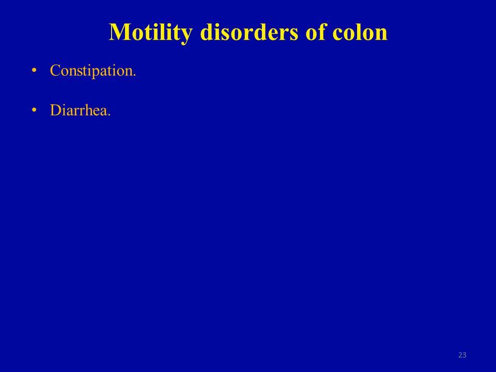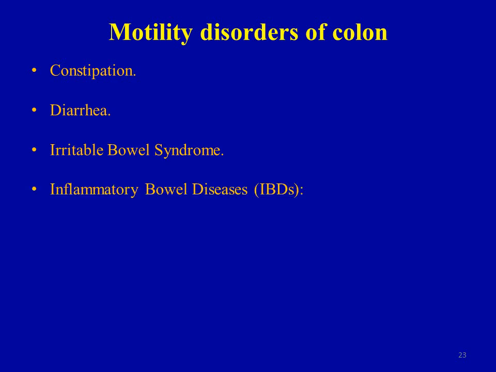Opposite to that is diarrhea. We have a condition called irritable bowel syndrome, and finally the inflammatory bowel diseases, and these are two main entities: Crohn's disease and ulcerative colitis. You will study them, I guess, in some of the pathology lectures and mainly in the medicine part of phase 3.